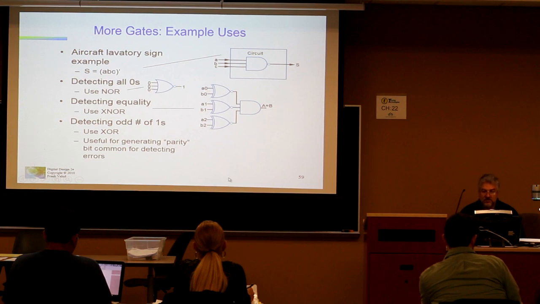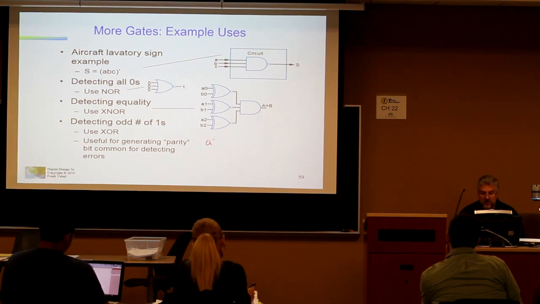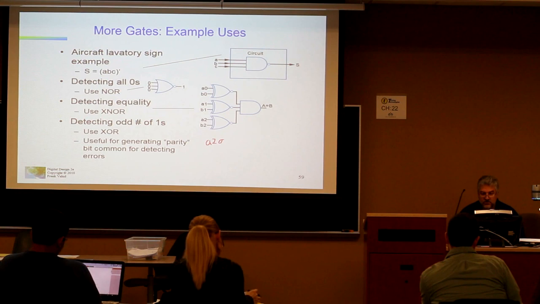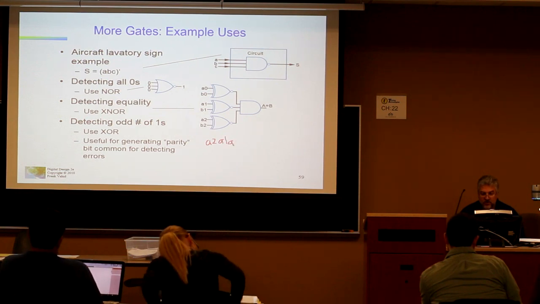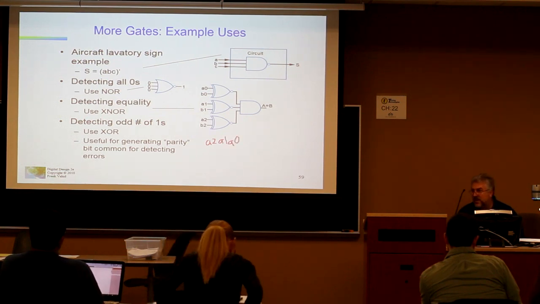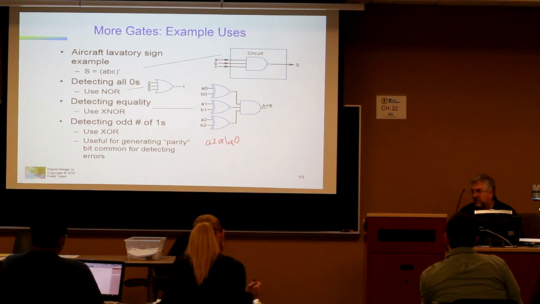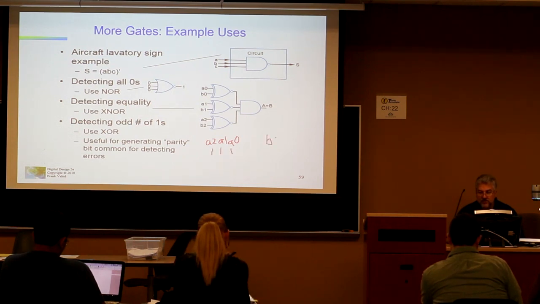So we have A2, A1, A0, which represents a 3-bit number, right? And let's say this is 1, 1, 1, and then I have, of course, B2, B1, B0.